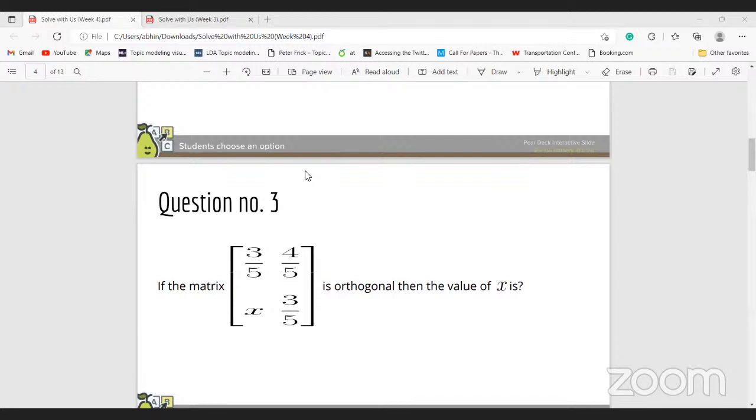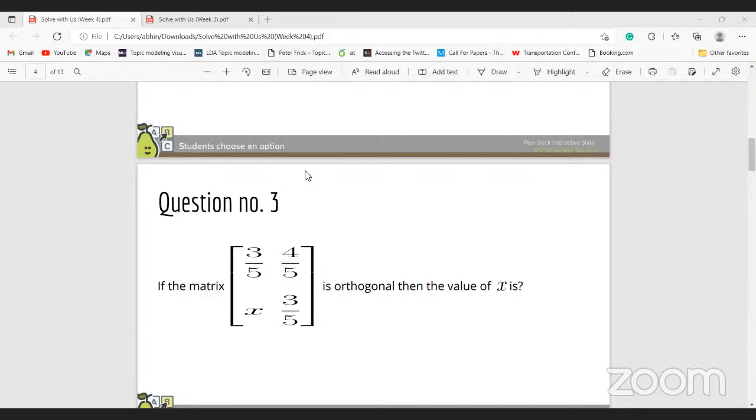What issue? You will get answers 4/5 and -4/5. Now you have no way to confirm which one is right. But if you do A transpose and A transpose A equal to I, you get two equations. So the value which satisfies both equations is the correct answer. So -4/5 is the only value which satisfies both the equations.